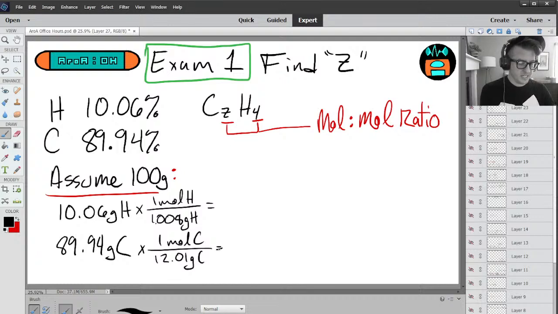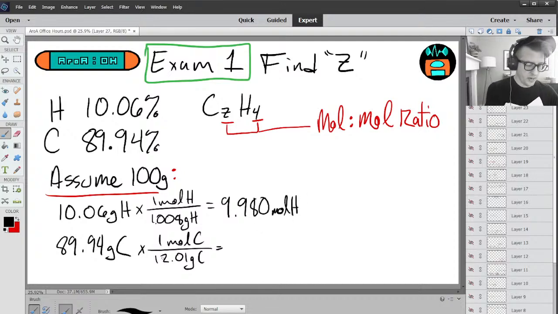So 10.06 divided by 1.008 comes out to be 9.980 moles of hydrogen, and then we go 89.94 divided by 12.01.